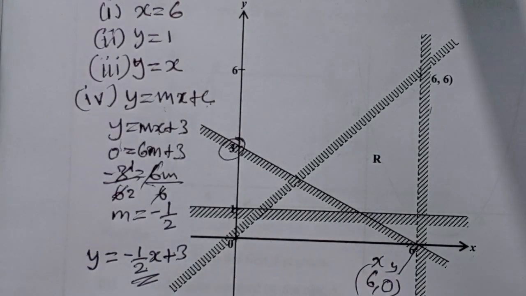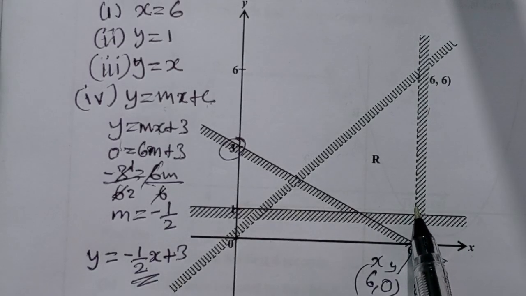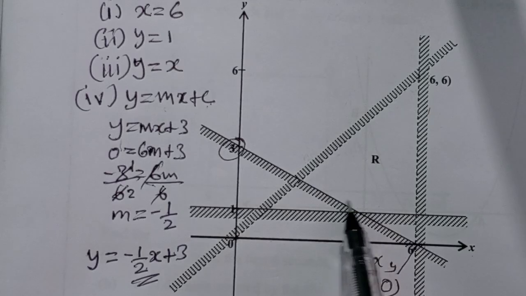So how do we generate the inequalities? Remember that we have greater and less, but our interest is to define the unshaded region. Let's start with the first equation, which is x is equal to 6. Where is our region, is it on the greater or on the less side? For this line, our region is on the less than side.